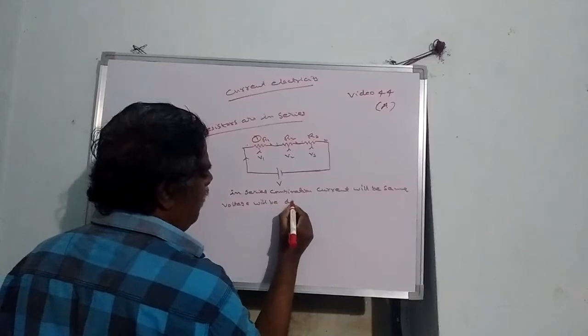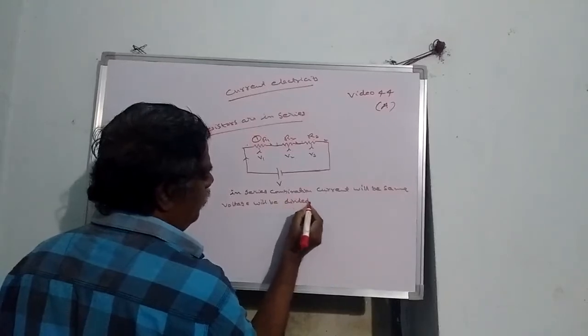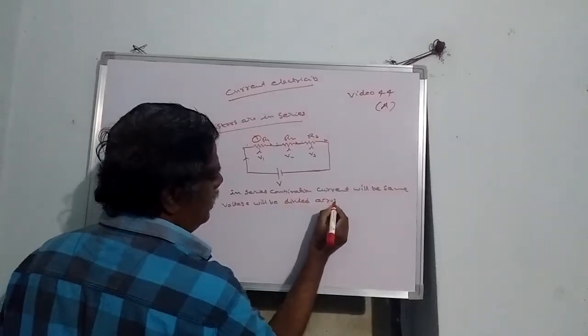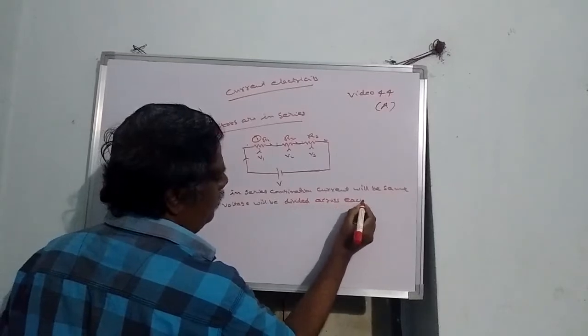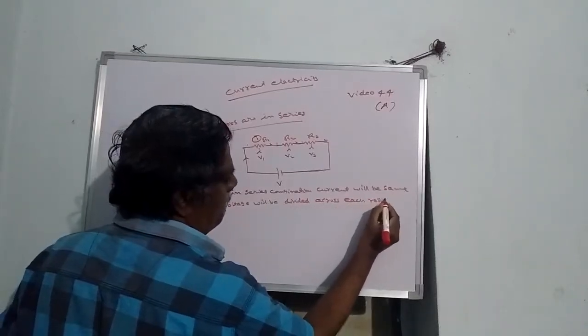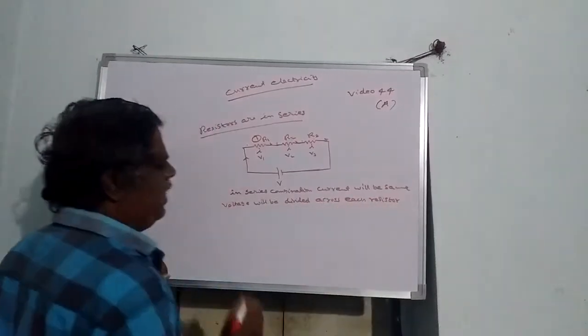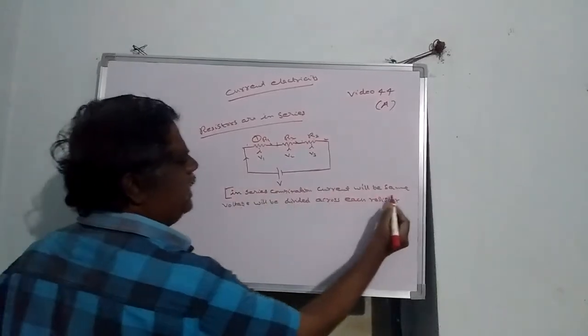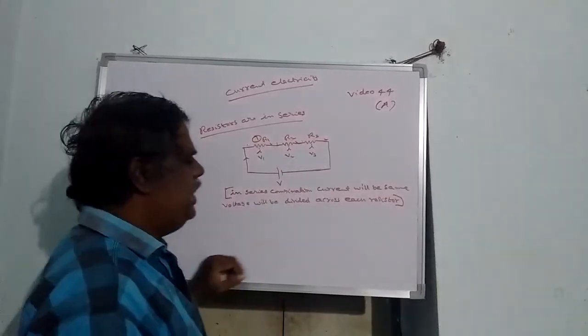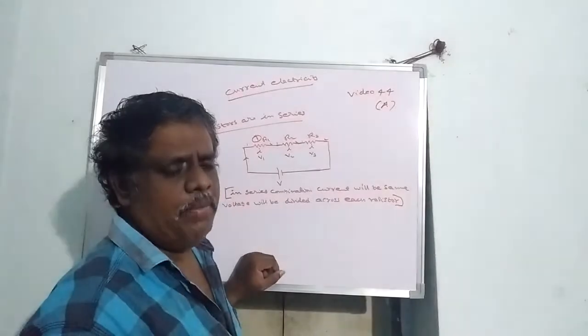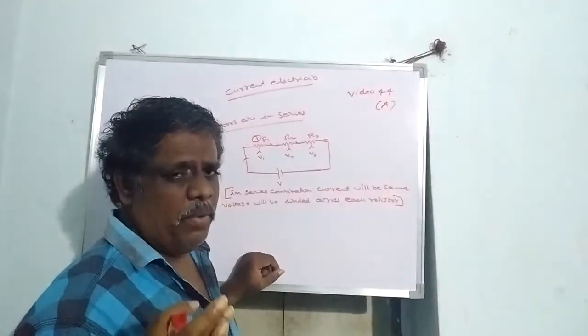Voltage will be divided across each resistor. This is a very important point. In series combination, current will be the same across each resistor, but voltage will be divided.